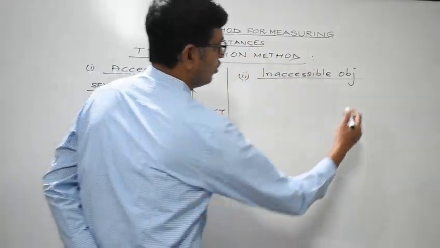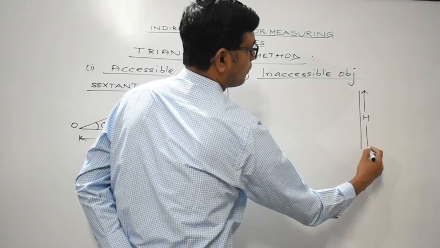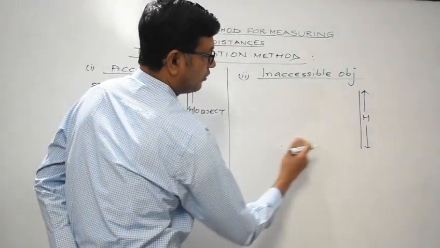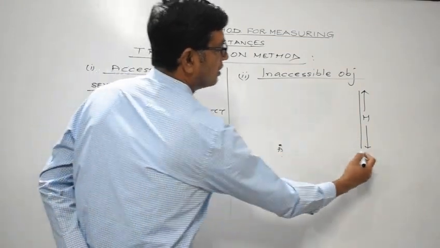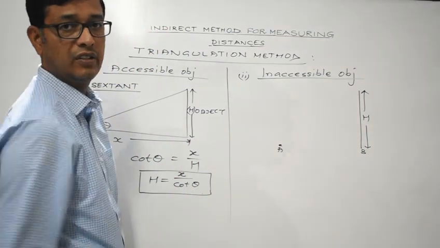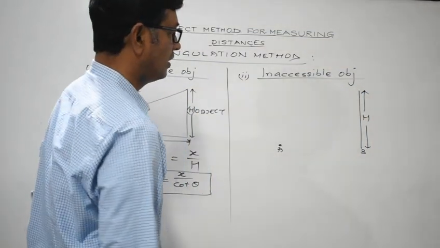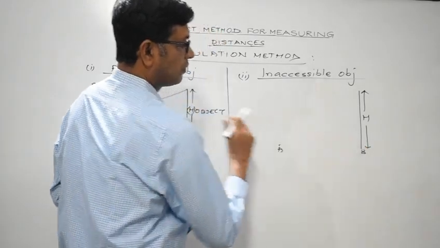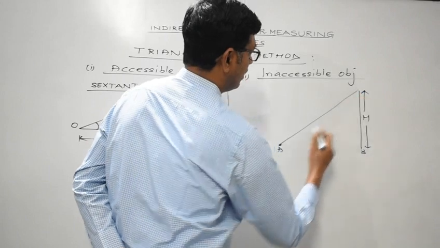So for that, suppose this is the height of the tree, h, this is the width of the river, and this is a point on the other side of the river, right? A and B are the two points on the opposite sides of the bank of the river. This distance is not known. So placing the sextant over here, we can easily find out this angle of elevation.